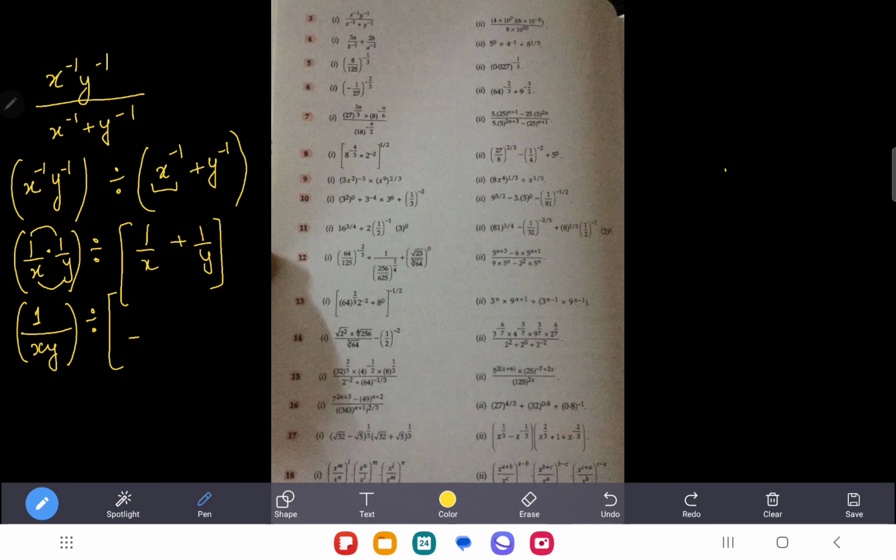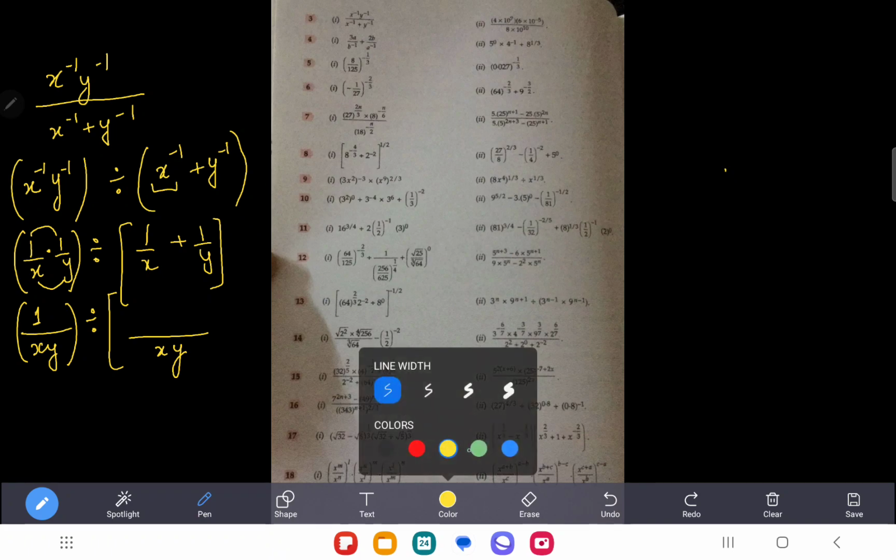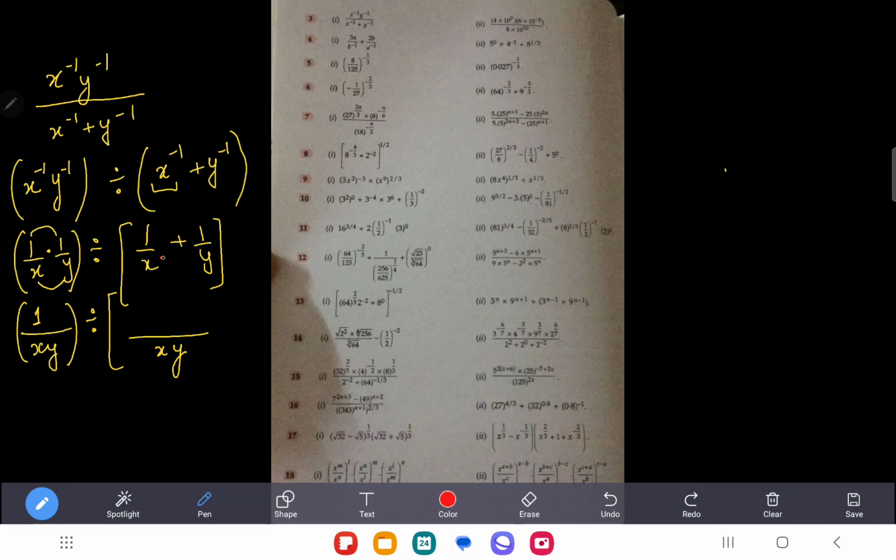It would be upon xy, isn't it? And here it would be times y, times x, because I have to make the denominators the same. So it's going to be xy at the top as well, y plus x.